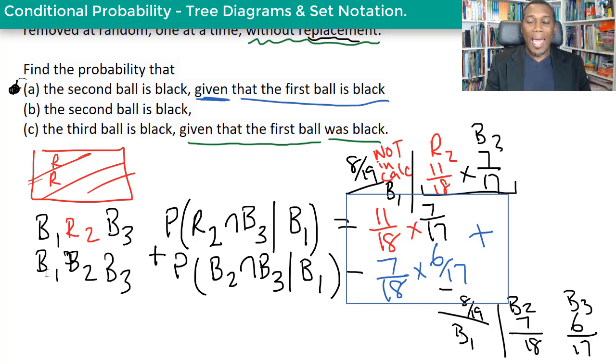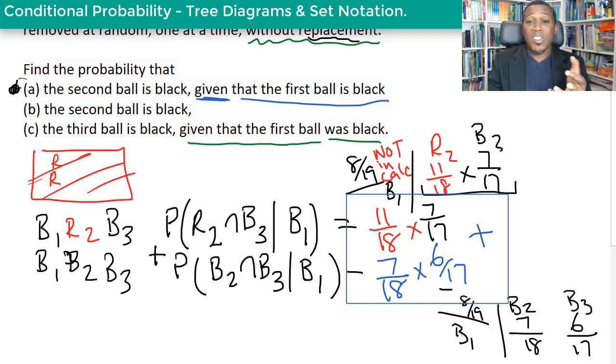As a result of it happening, we have a new world. And that new world, in other words, and this is the other way of thinking about it, the condition, as a result of that condition, and this is probably actually an easier way for you to think about the model and work on it. Given that the first ball is black, you need to take that out. First ball is black, so let's adjust.